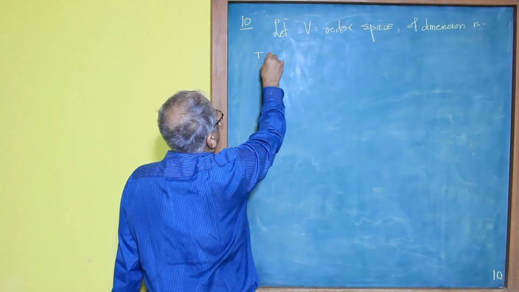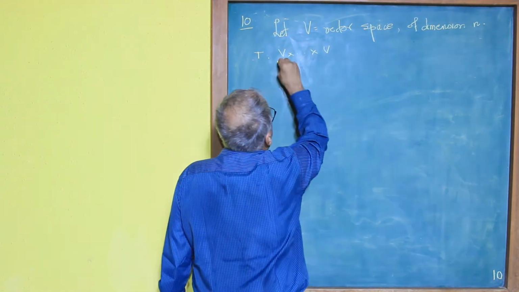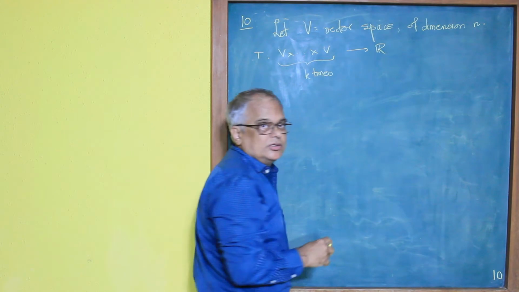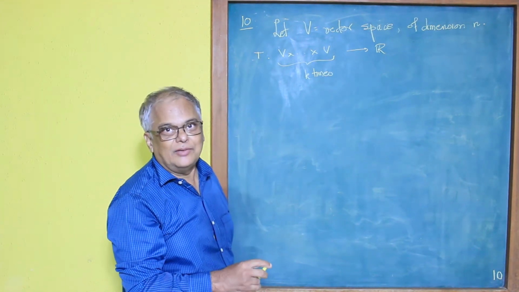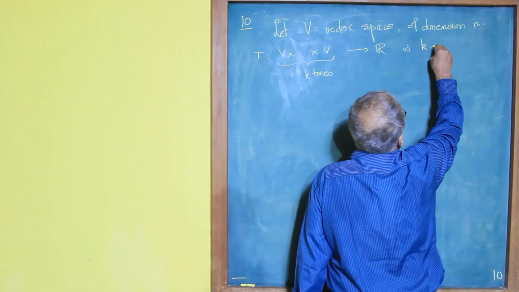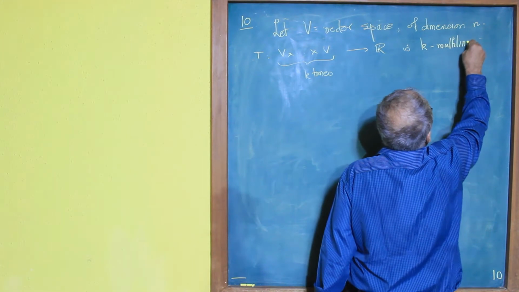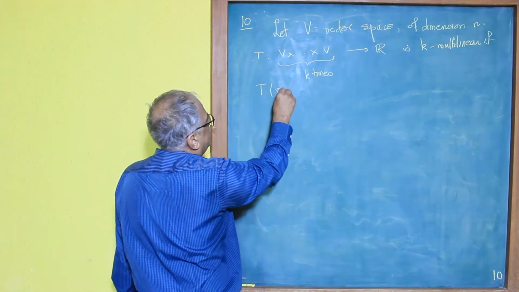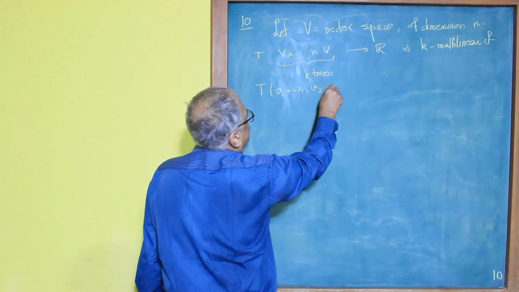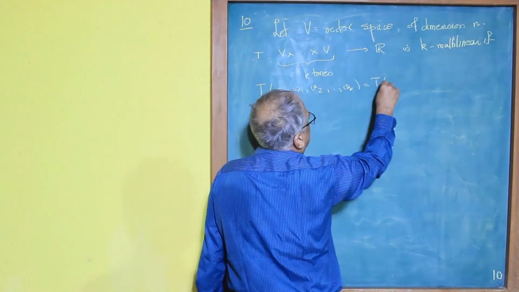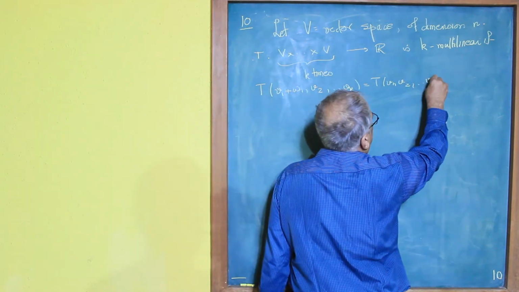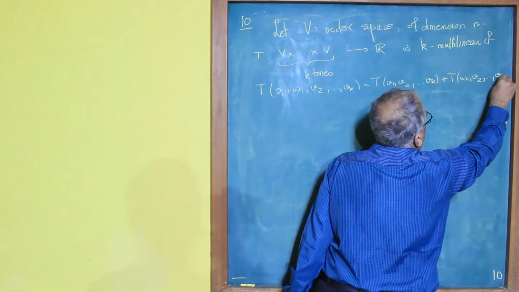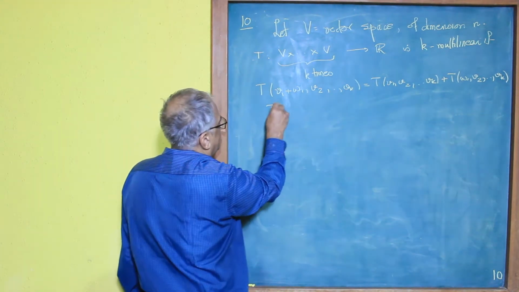So a map T from V cross V, k times, to R is multilinear if T of V1 plus W1 and T of a V1 behave linearly.